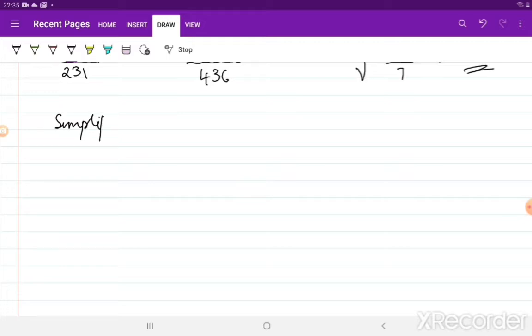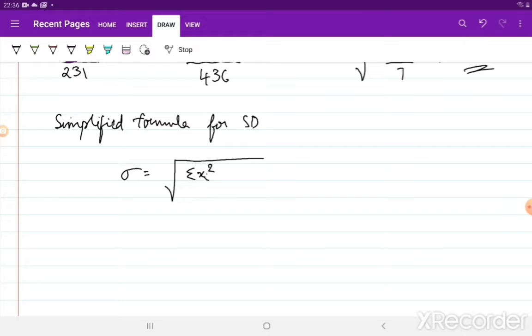A simplified version for standard deviation, which is the square root of summation xi square by n minus x bar square.